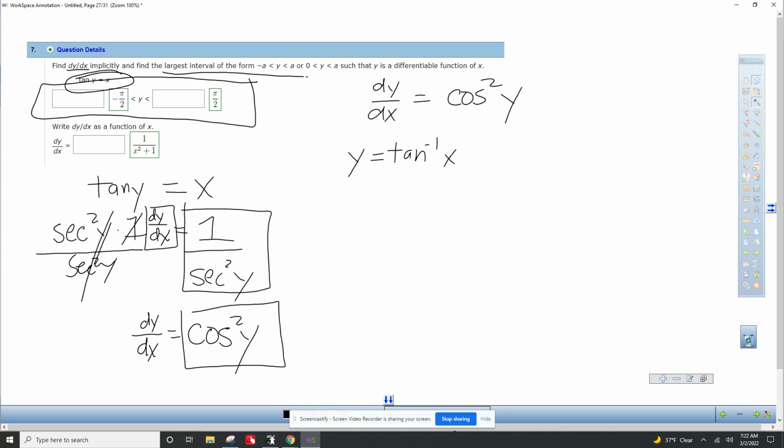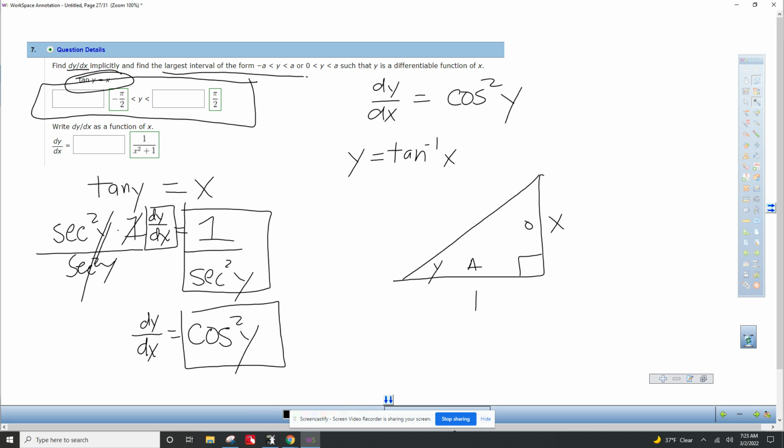It means tangent of y is x. So if I go to a right triangle, we take the tangent of angles. So the tangent of that angle is x. Well, that means that opposite over adjacent is x.